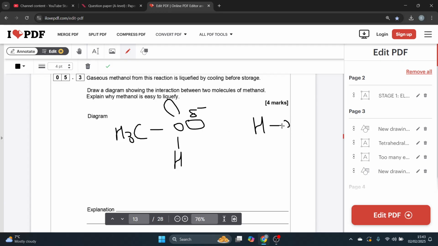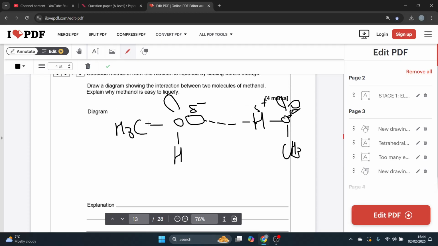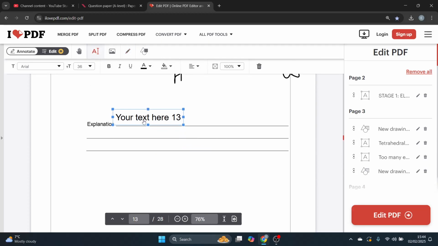Got the same thing here. Two lone pairs of electrons, delta negative, oxygen delta negative. This hydrogen delta positive. And then what happens is, I don't need to include that delta negative. There you go. Explain why this methanol is easy to liquefy.